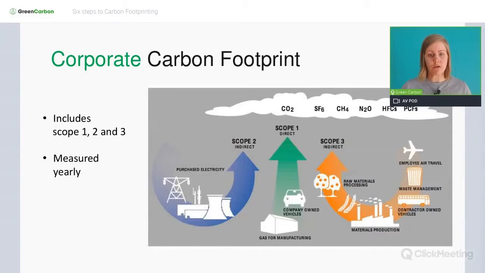So scope 1, 2, and 3. In this picture, in the middle, you can see the scope 1 emissions, which means direct emissions, for example the fuels in your factory, or if you have your own cars, the fuels that you use in those vehicles are your scope 1 emissions.